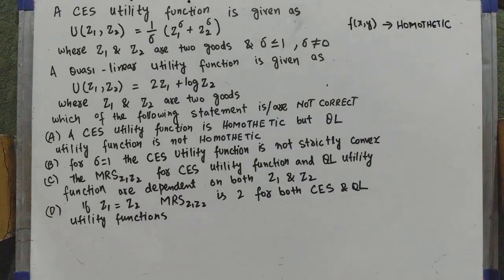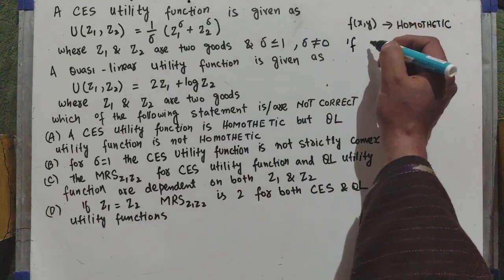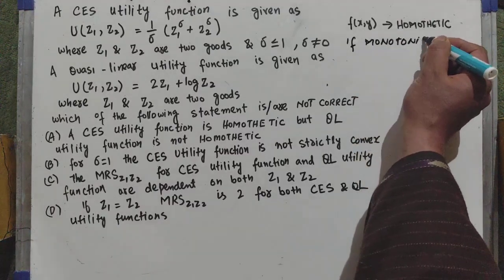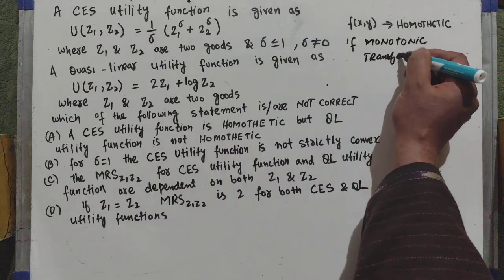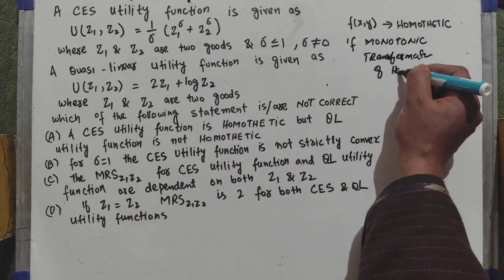So f of xy is homothetic if f of xy is a monotonic transformation of a homogeneous function.